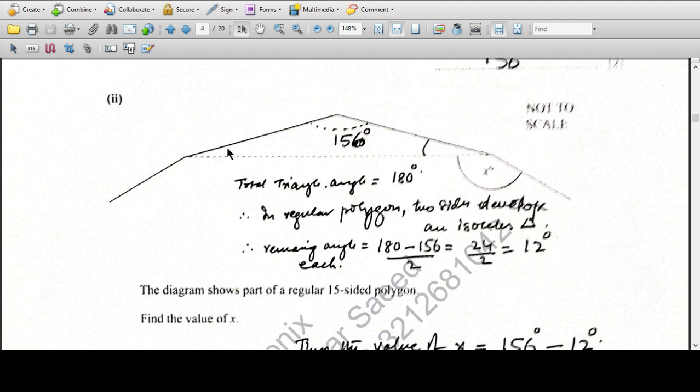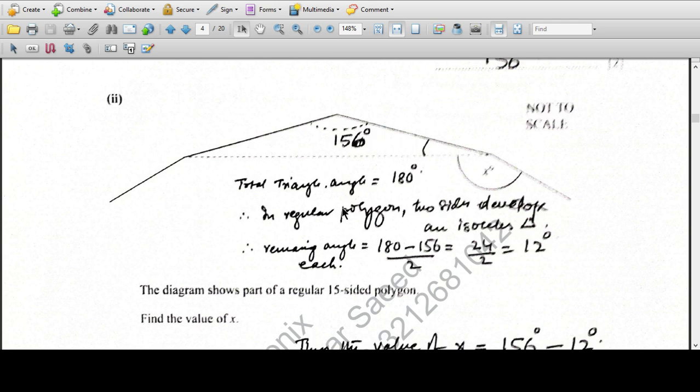So the remaining angle is 180 degrees minus 156, which is equal to 24. So the remaining angles will be 12 and 12. 12 plus 12 is 24, plus 156 is equal to 180.